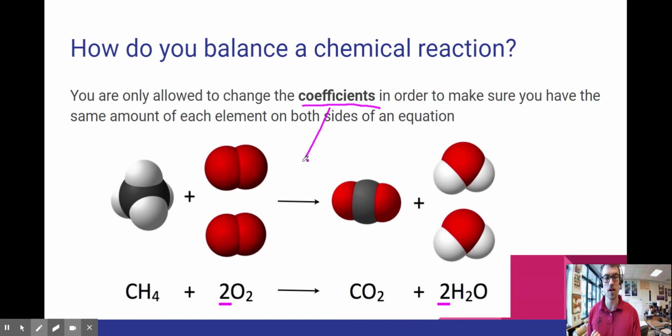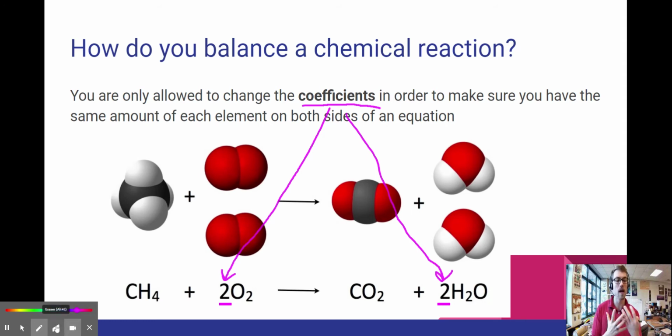Remember that the coefficients are the numbers that go in front of the element or compounds in the chemical equation, all right? So what would have happened with this one is that you would have been given CH4 plus O2 yields CO2 plus H2O.